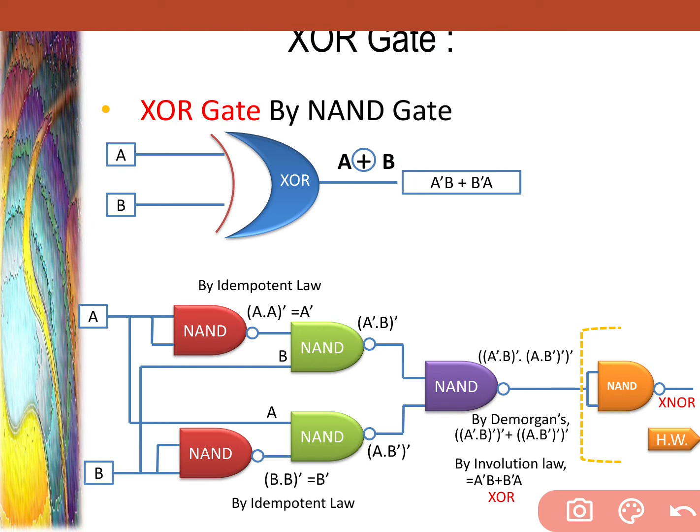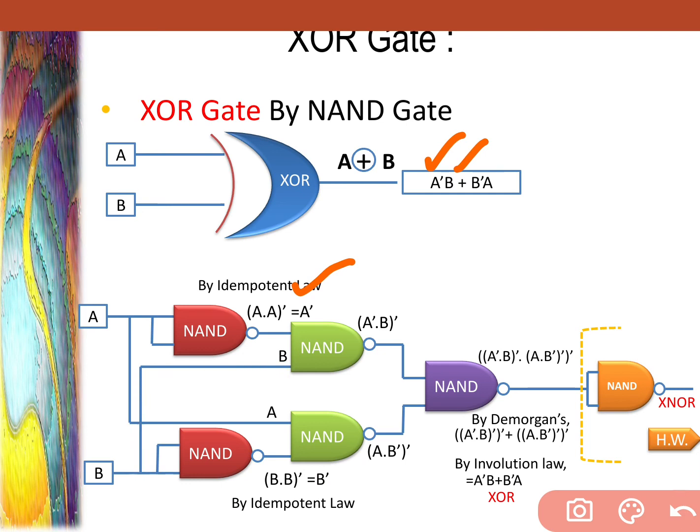Now, how are we going to create it by NAND gate? First of all, we have to concentrate on A dash. How? We had done it with this. We are having A dash. Then we have to concentrate on B dash. We had created B dash. Then we have to combine A dash with B.